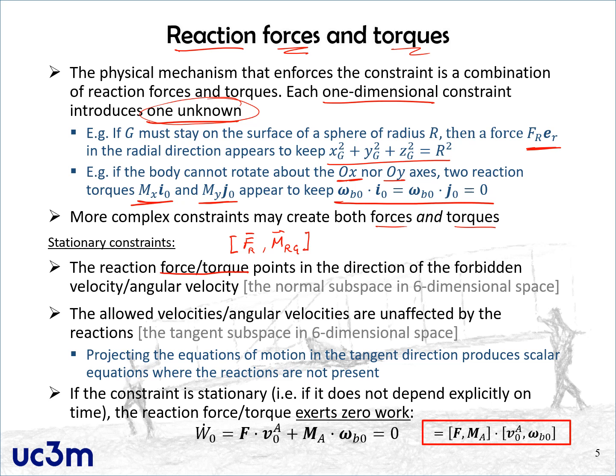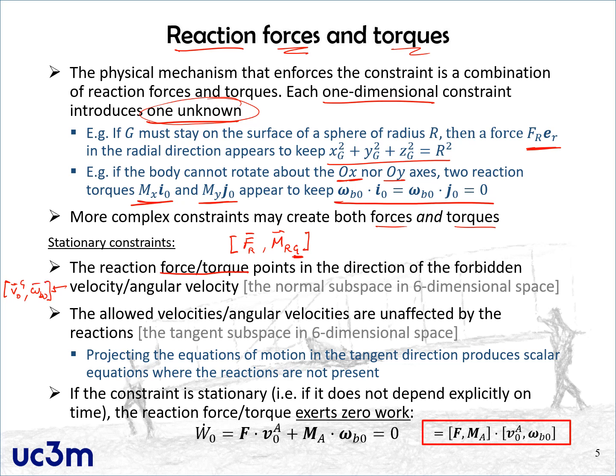So we have this list of 6 numbers that we can think of as a vector in six-dimensional space. The same thing we can do with the velocity of the point. For example, the velocity of the center of mass, to be consistent with our choice here, and the angular velocity of the rigid body. So this is another six-dimensional vector.